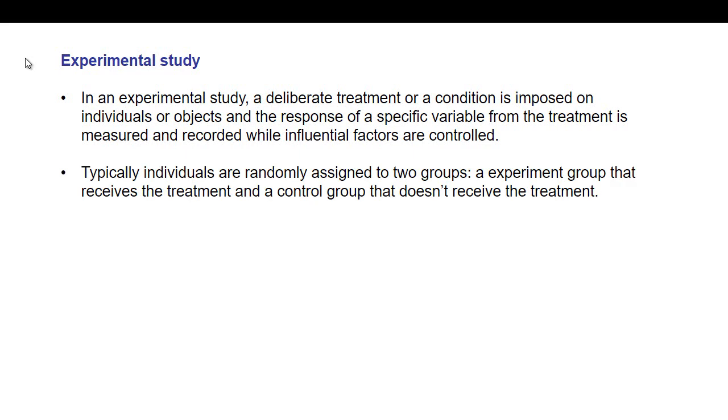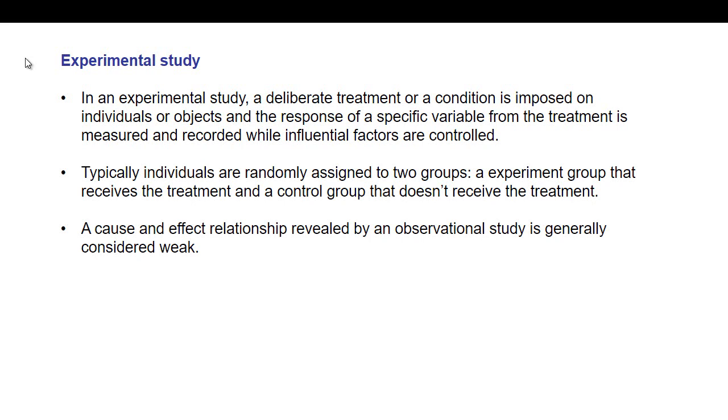Typically, individuals are randomly assigned to two groups, an experiment group that receives the treatment and a control group that doesn't receive the treatment. A cause and effect relationship revealed by an observational study is generally considered weak.